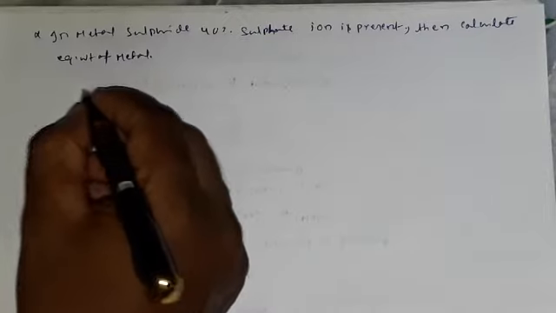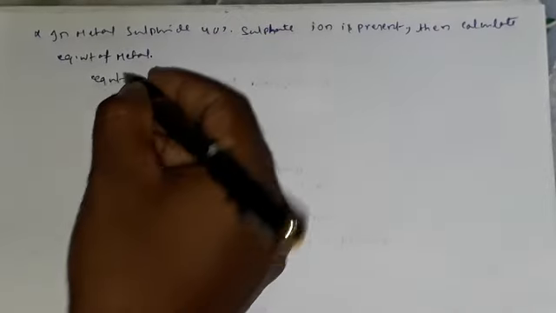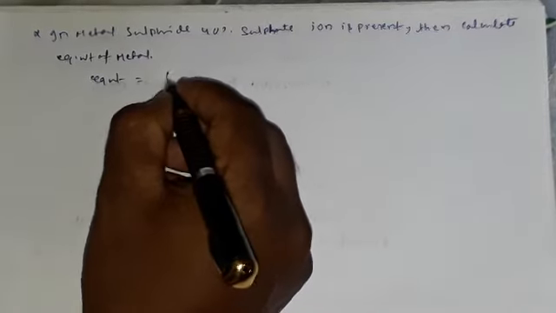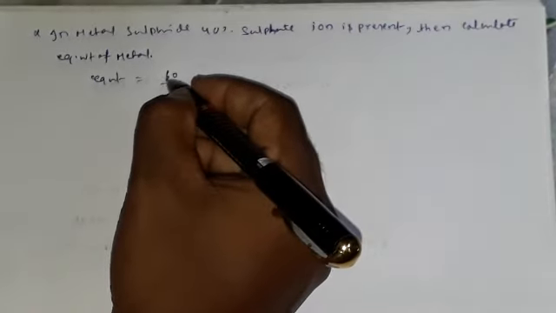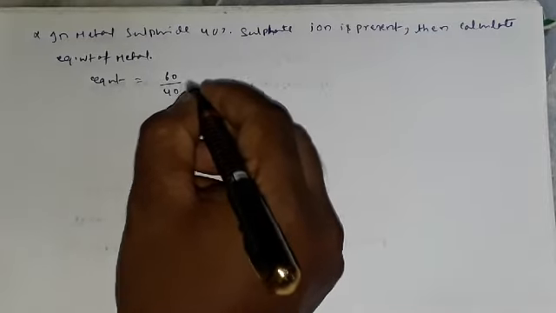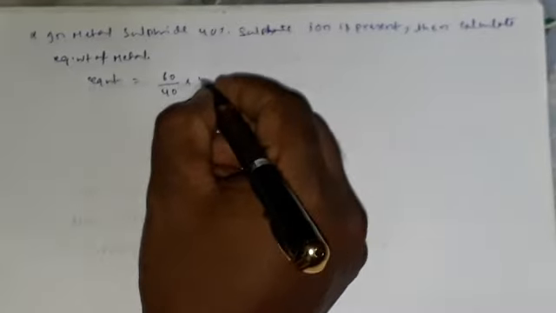So equivalent weight equal to 60, that is the percentage of metal, by percentage of sulfate, 40, into equivalent weight of sulfate.